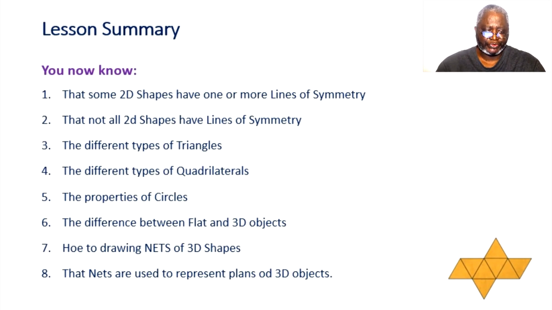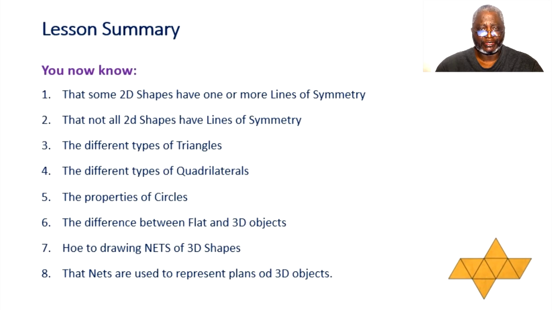Okay, so this is mine. You now know that 2D shapes have one or more lines of symmetry. You also know that not all 2D shapes have lines of symmetry. You know the different types of triangles, and you know the different types of quadrilaterals, and that quadrilateral means 4-sided shapes.